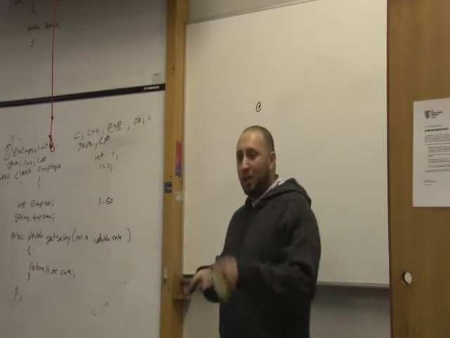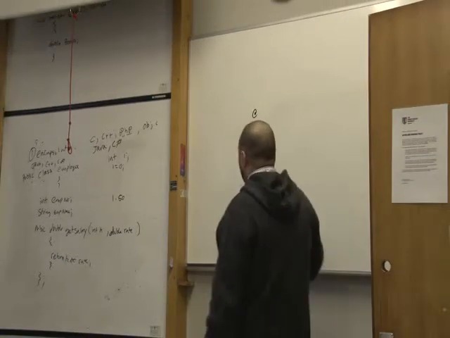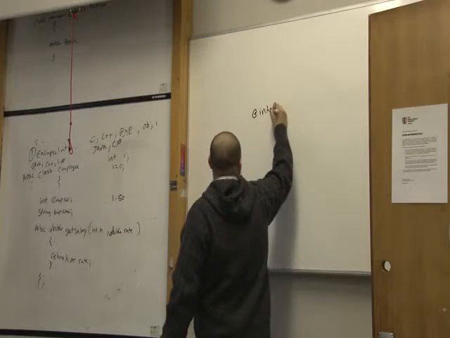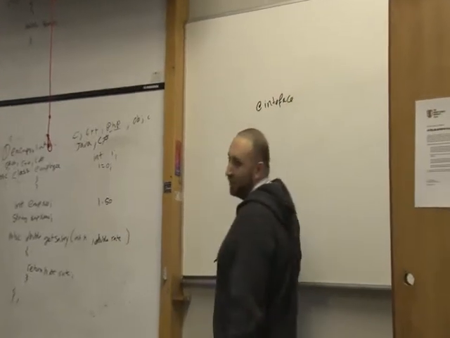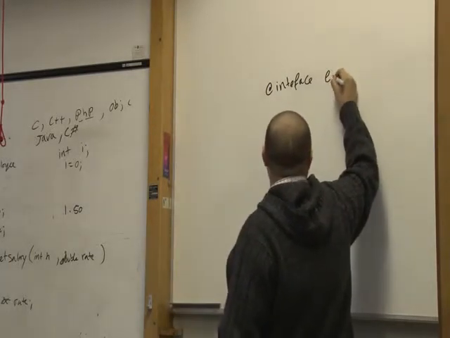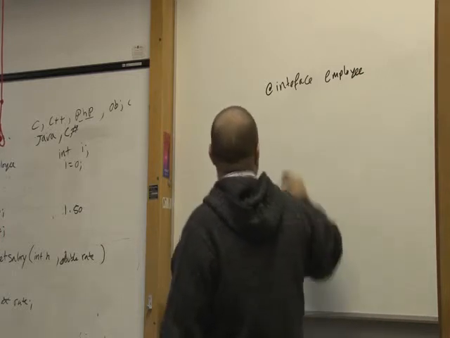In Objective-C, if you want to get into iPhone programming and stuff, you need to learn Objective-C. The way you do an object, you put interface. All of a sudden it's a completely different language. You start with the at sign, interface, and then the name of the object, which is Employee. Okay?